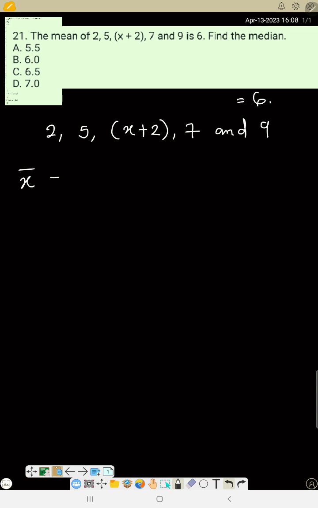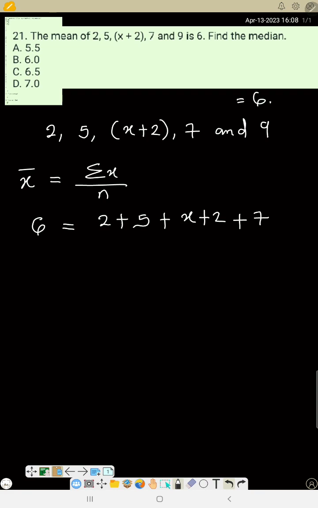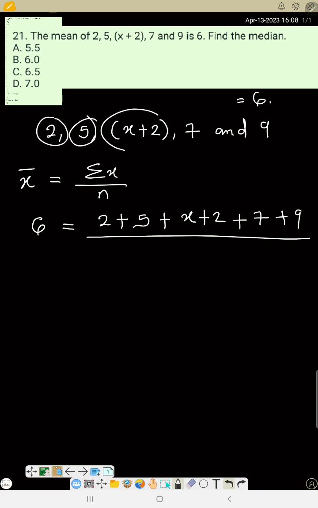So remember, mean is the summation of all the numbers divided by the total number. So the mean is given as 6. So the summation of all the numbers will be 2 plus 5 plus x plus 2 plus 7 plus 9, divided by 1, 2, 3, 4, 5, divided by 5.